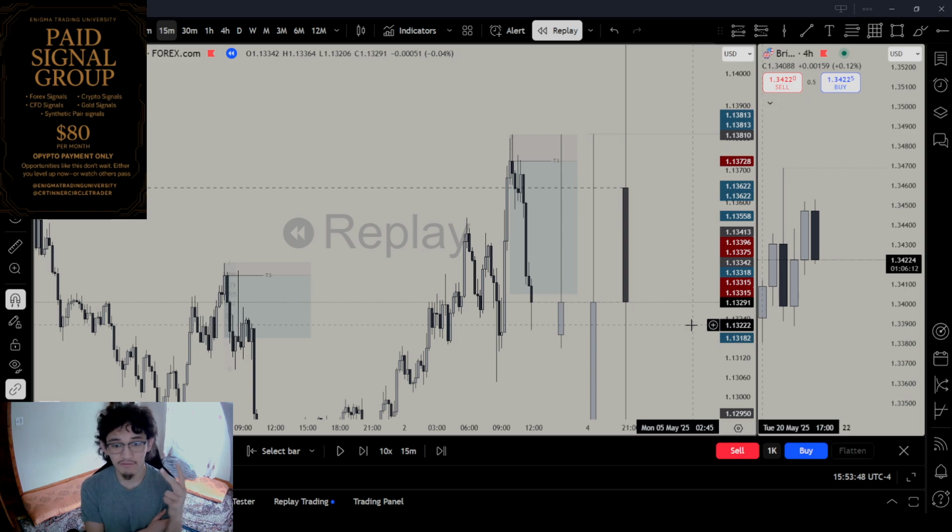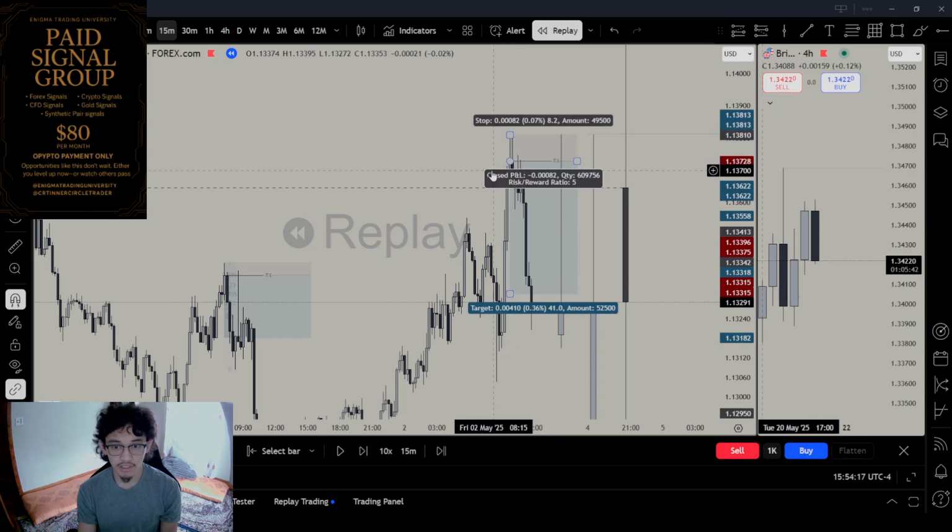With the 3-drive pattern one, you don't know your stop loss. You have to put a 10 pip or a 20 pip stop loss. This one gives you a predetermined stop loss, which is the rejection block high, and a predetermined take profit, which is a fixed 5RR. So this is one of the best ways you can take a turtle soup entry.